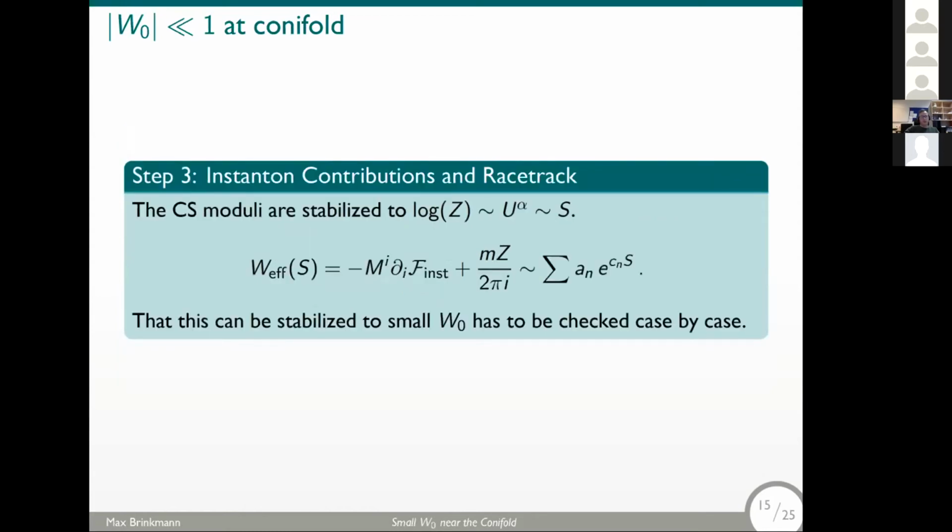In the final step, then, we have instanton contributions, which we want to look at and see if we can find a racetrack-like behavior. Indeed, we have already stabilized the complex structure moduli.